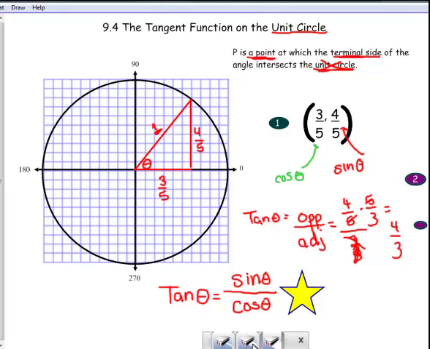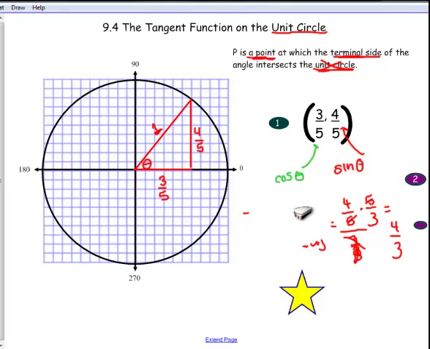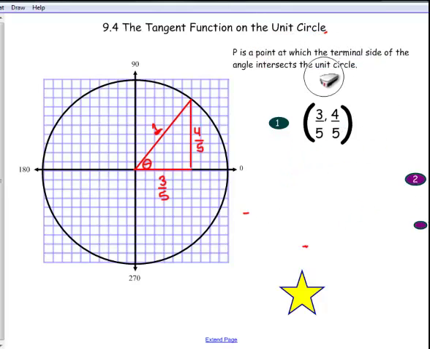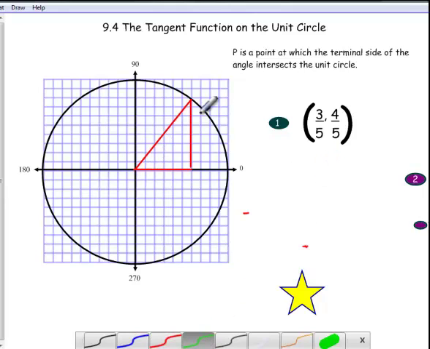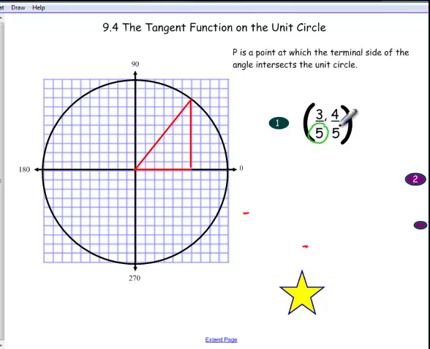Okay, another quick way to look at this, and that's kind of the beauty of trig, is some people decide to look at it this way. I'm going to make this unit circle 5, because that's what the bottom is, the radius.